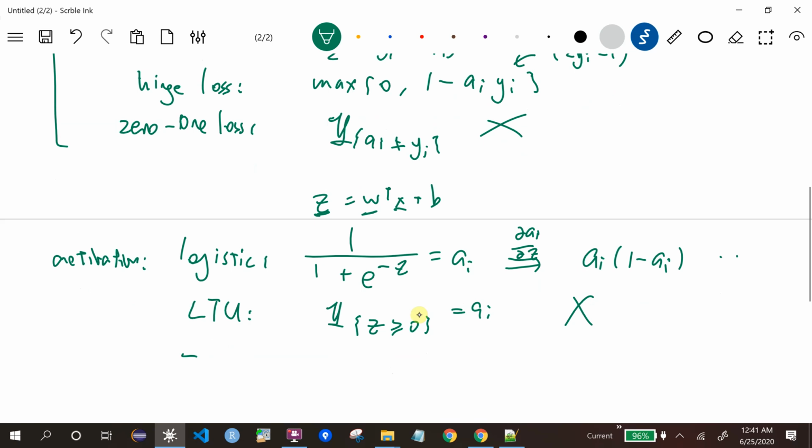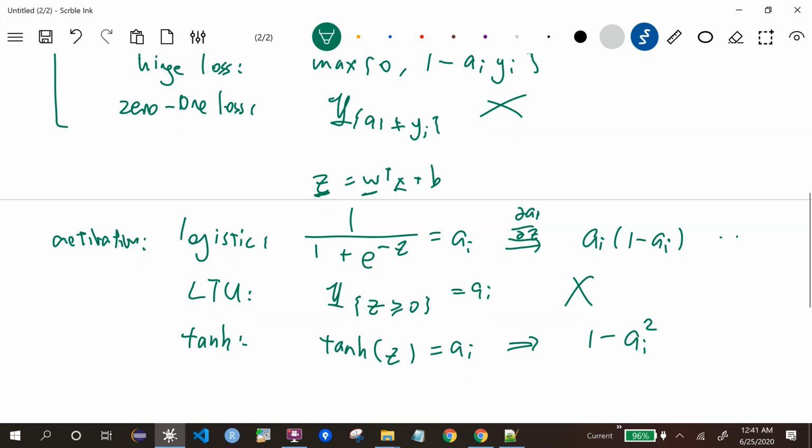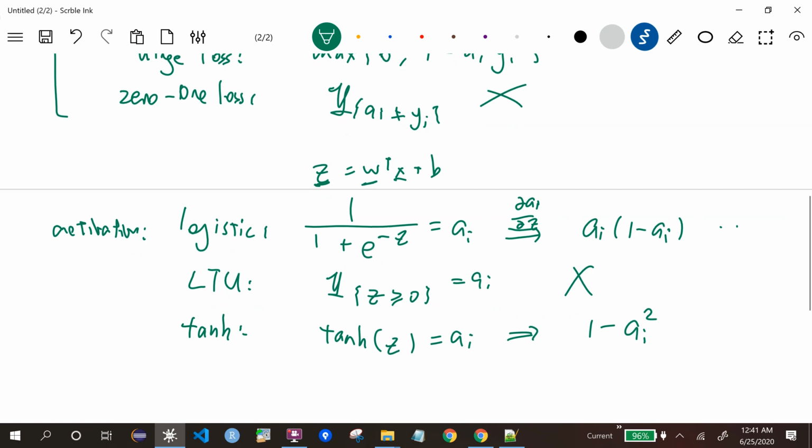And what's the other one? Hyperbolic tangent. We talked about hyperbolic tangent in the recurrent neural network lecture. As the name suggests, tanh of z is our a. And it turns out the derivative is 1 minus a_i squared. You can remember this, or you can try to actually differentiate it. You can write this in the exponential form and differentiate that.